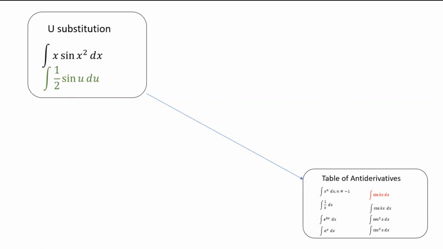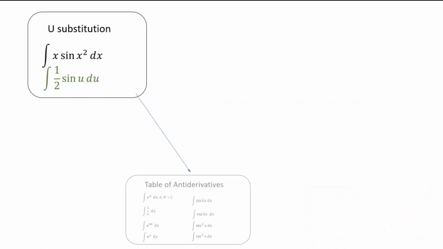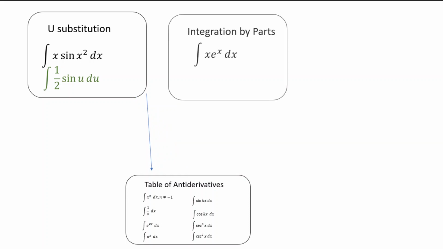And then you might say, well, in my Calc BC class, or I looked ahead, I know that we're going to learn integration by parts, so I can integrate functions like x times e to the x, where u sub isn't helpful. Well, when we use integration by parts, again, we end up with an integral that is off our table of antiderivatives.